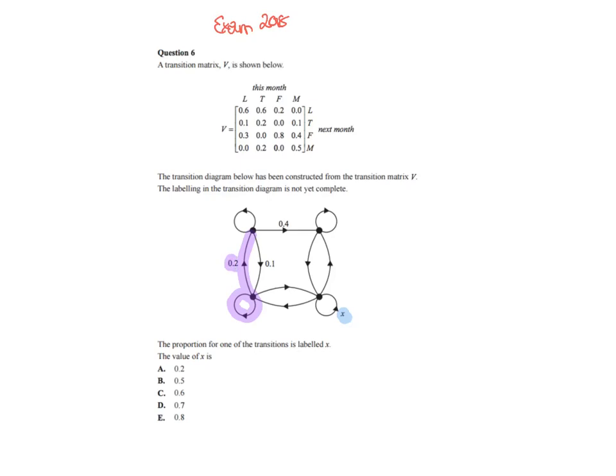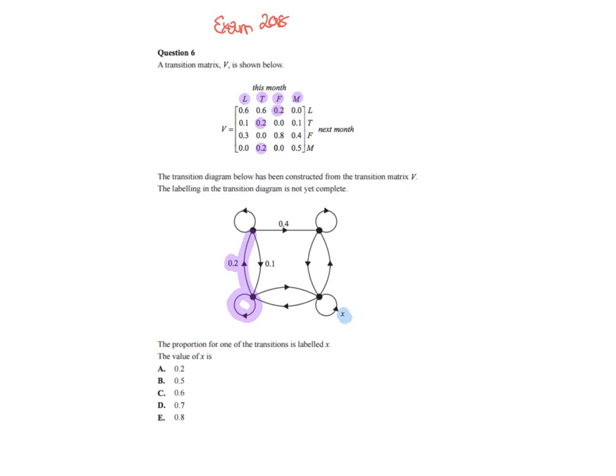So I'm going to look along these and see if I start at one of these and go out, do I see a 0.2? So we can see there's two options there, and there's also one where you go out. So let's have a look at something else.